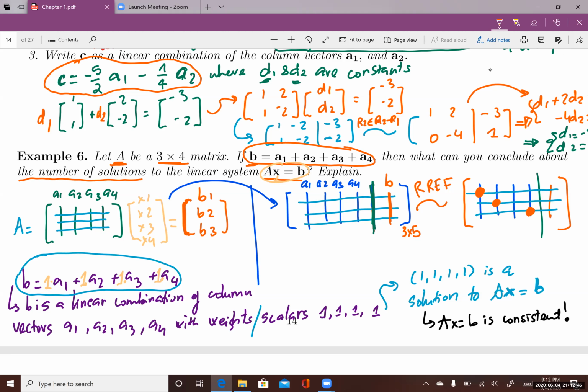If I have at most 3 pivot positions, that means I have at most 3 pivot columns.